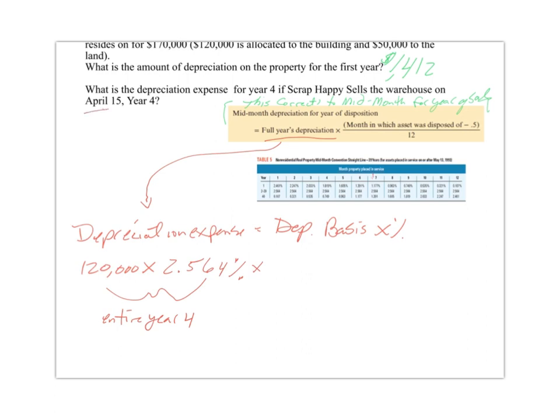April 15th, and April is the 4th month. So that's 4 minus 0.5 over 12. That right there is this portion of that formula that corrects the year of disposal for the mid-month convention.